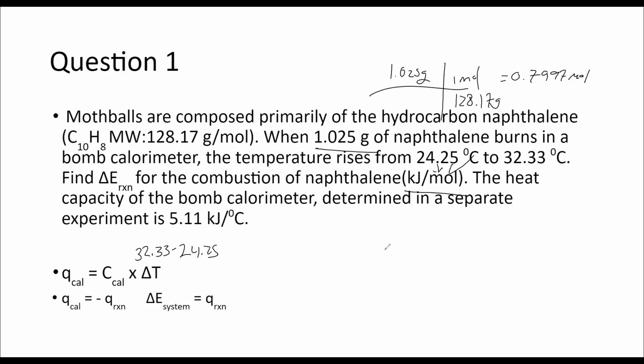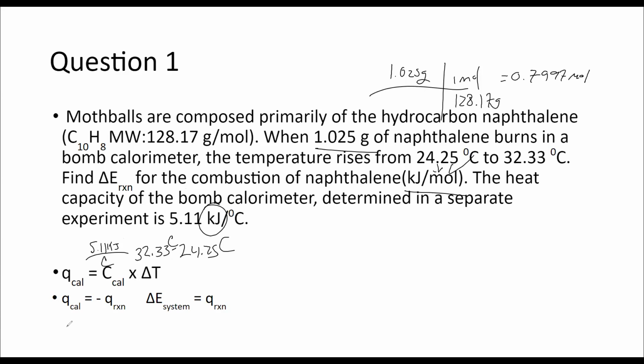Okay, the heat capacity of the bomb is 5.11 kilojoules per centigrade. Look, a kilojoules. So I just need to get rid of the centigrade. Oh, look, temperature in centigrade. I can get rid of the centigrade. So 5.11 kilojoules for every centigrade. Whenever I say centigrade, that means Celsius, by the way.